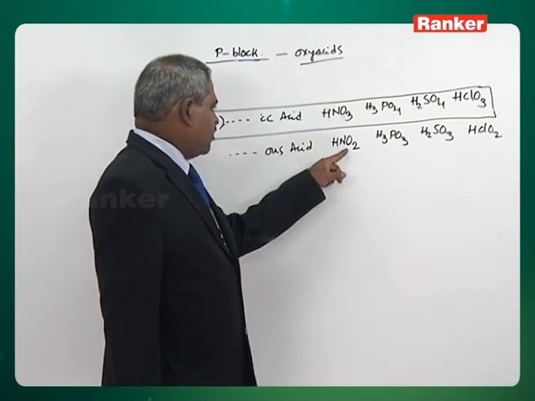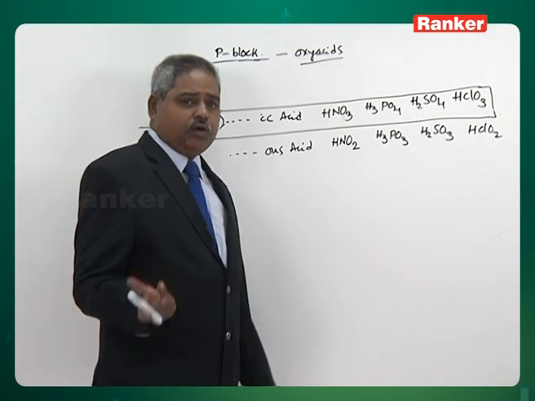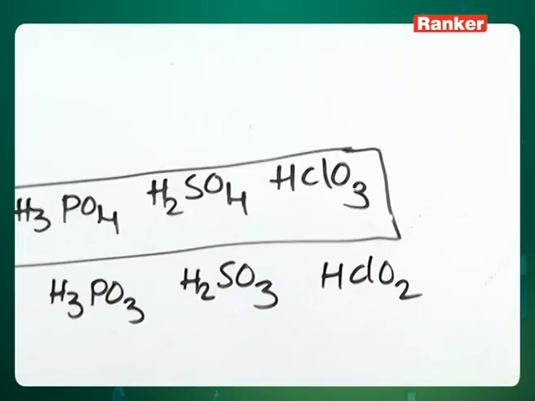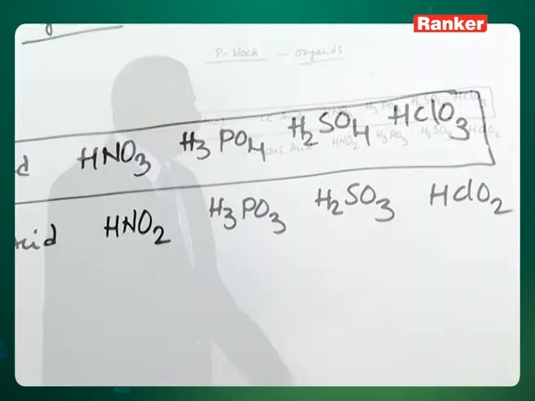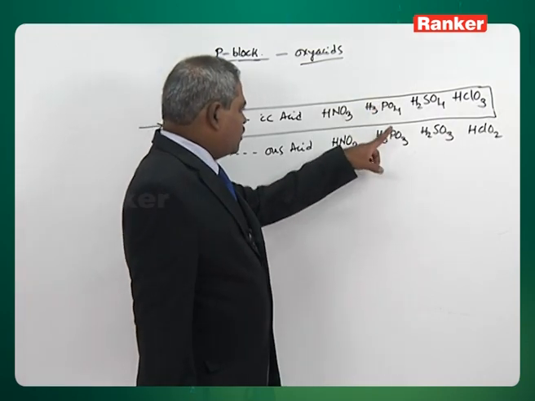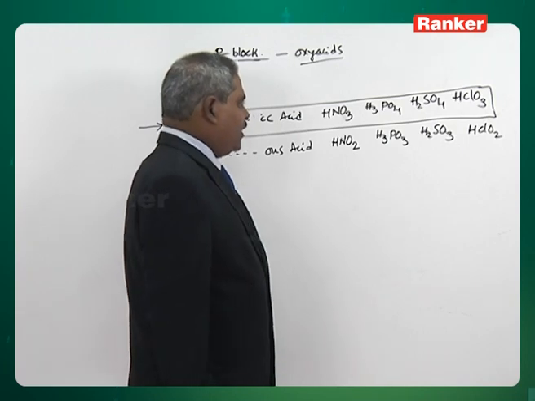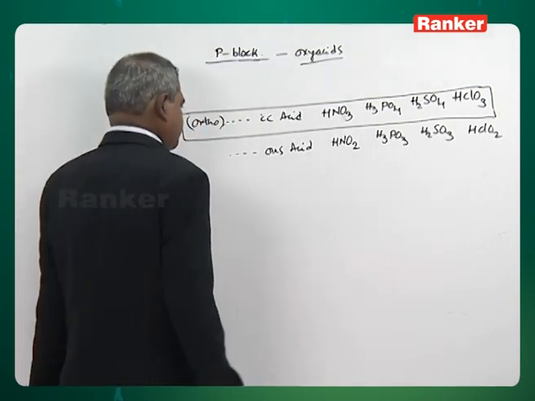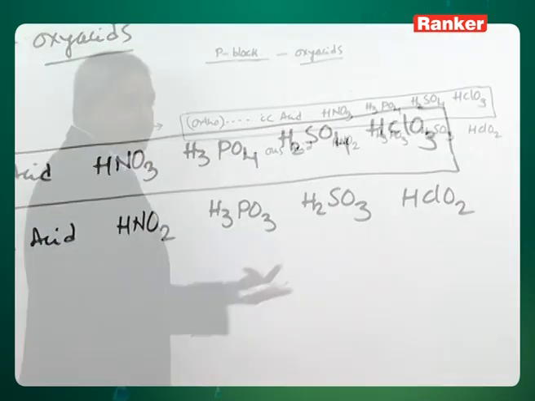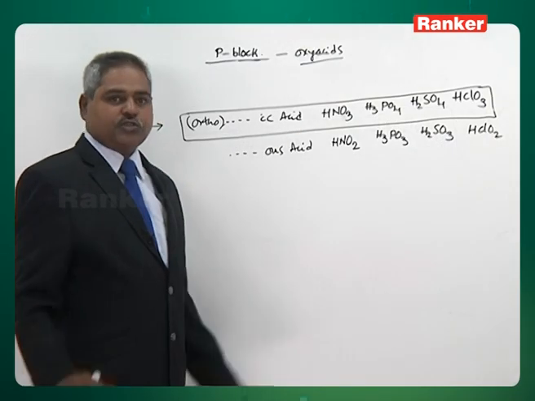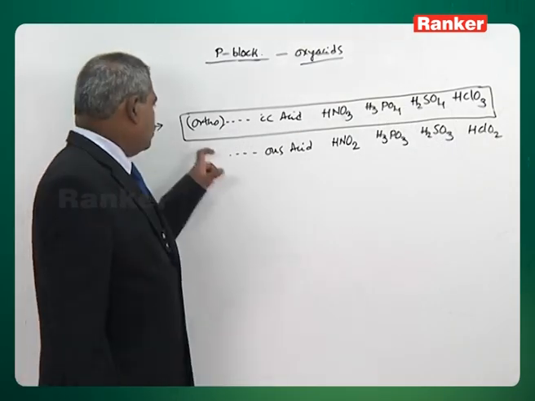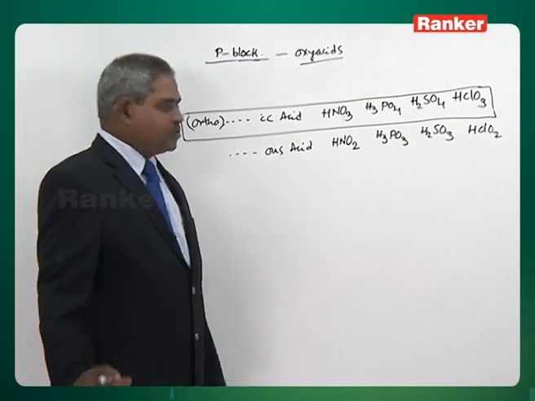Nitric, one oxygen less, nitrous. So what's the difference between nitric and nitrous? Just one oxygen, that's all. Phosphoric, phosphorus, sulfuric, sulfurous, chloric, chlorus acid. Orthochlorus, orthonitrous, orthophosphorus, no harm, because ortho is optional.